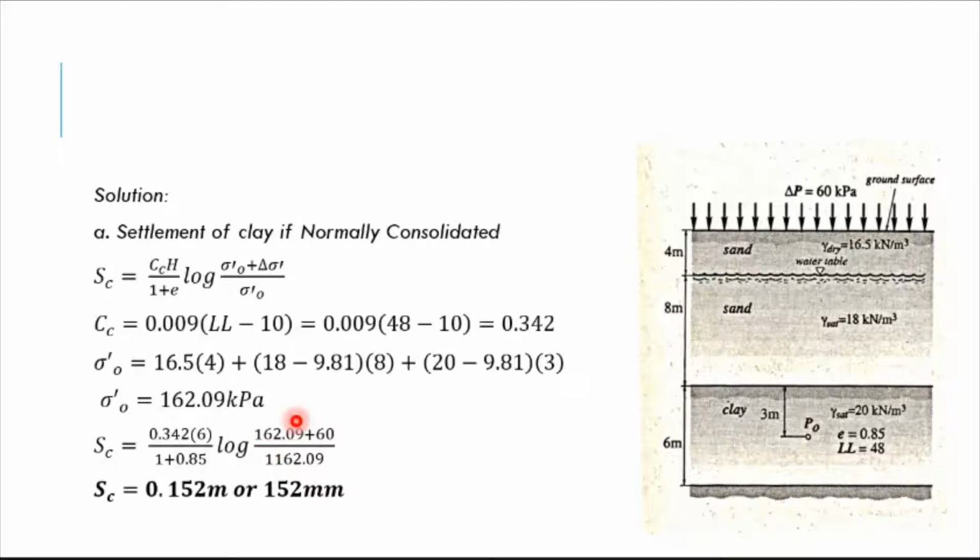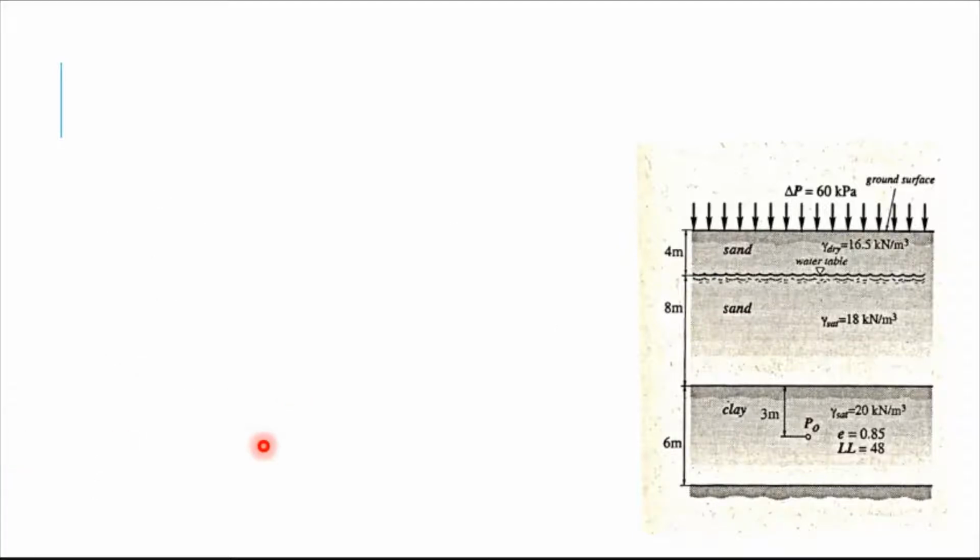Next, we have to determine the settlement of the clay if there is a pre-consolidation pressure, if it's over-consolidated. The pre-consolidation pressure means that this is the maximum effective stress that the soil has been subjected to.